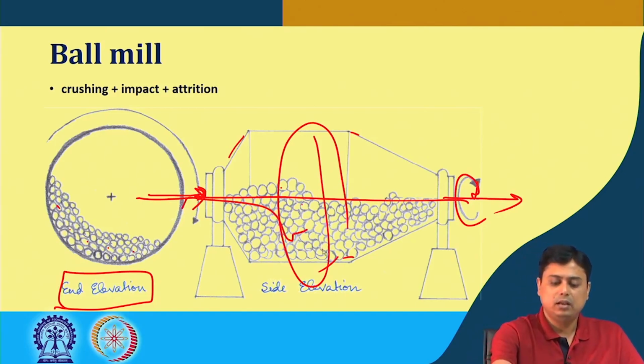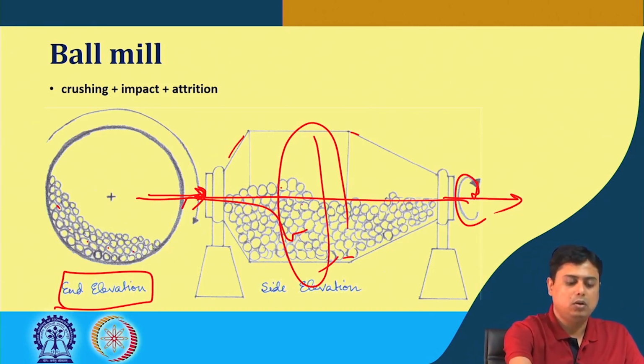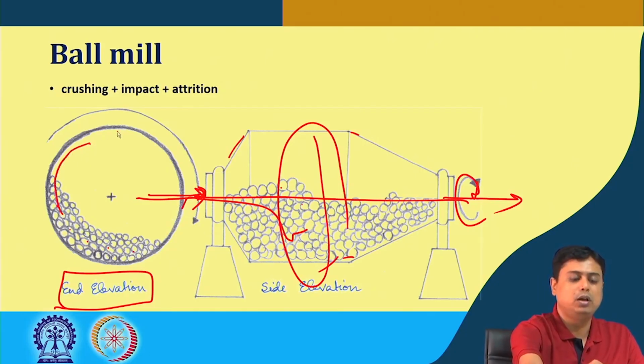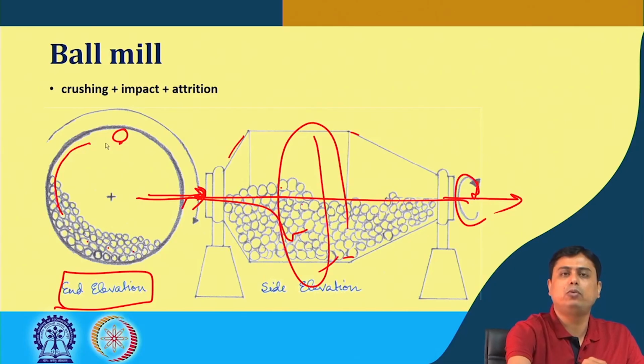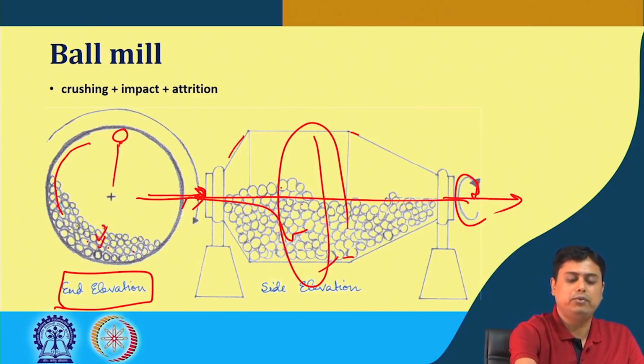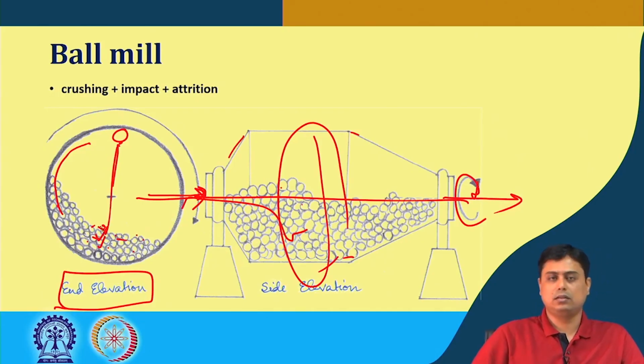So in an ideal scenario, as the rotation happens, we can see this movement of the ball, and at this position there is no resulting force and the ball drops on the feed, that is the coarse solid particles, and with this impact the size is reduced.